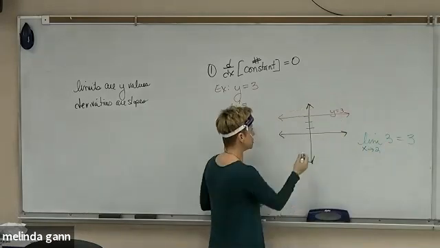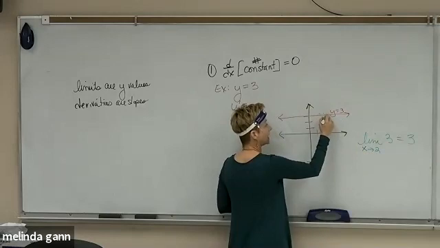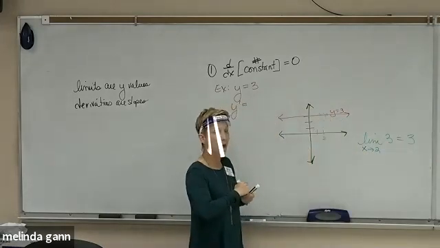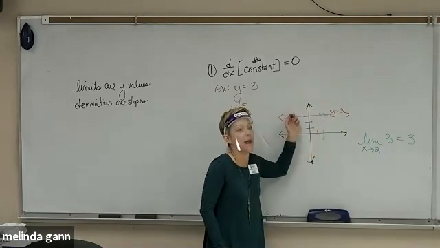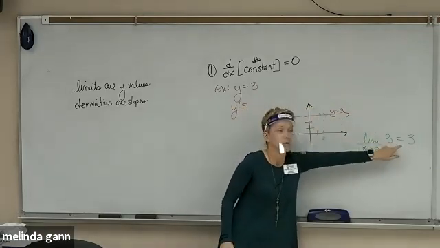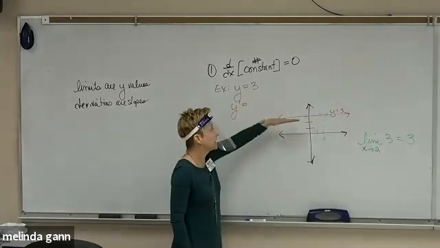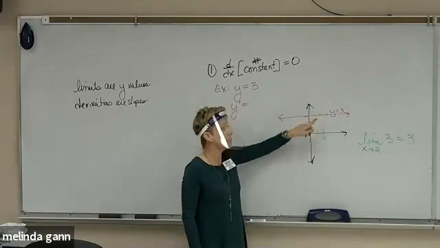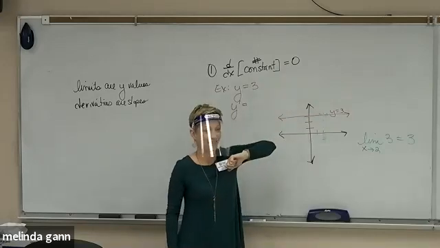Because what it's asking you is, like on this one, it's saying when you get close to 2, what's your y getting close to? Well, on this graph, y's not just getting close to, y is always exactly what number? 3. But derivatives aren't y values, they're slope. What's the slope of that line? 0.